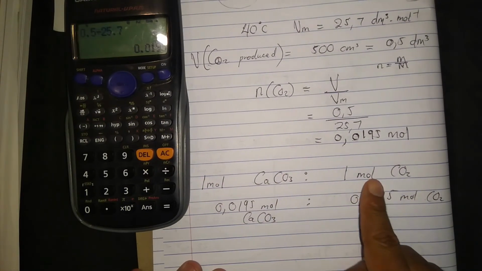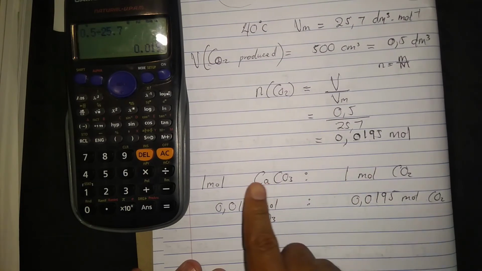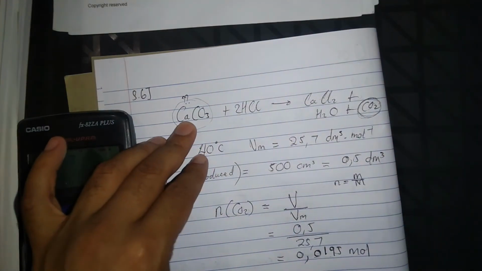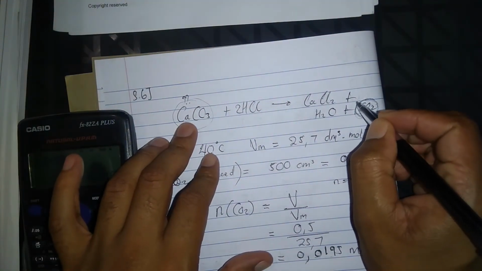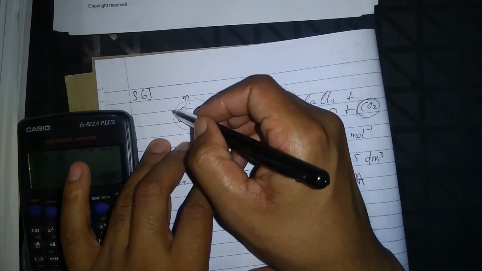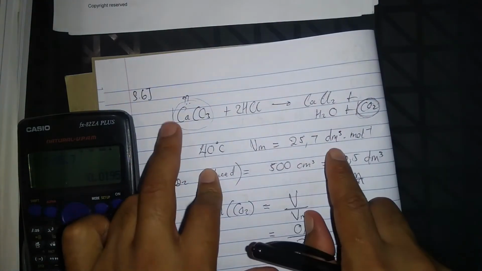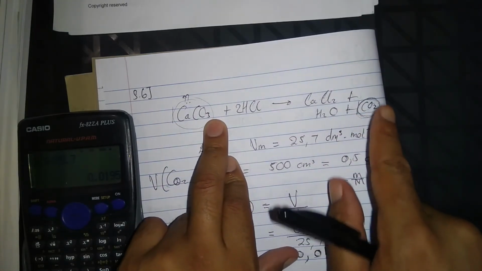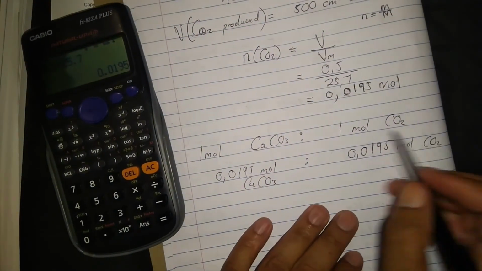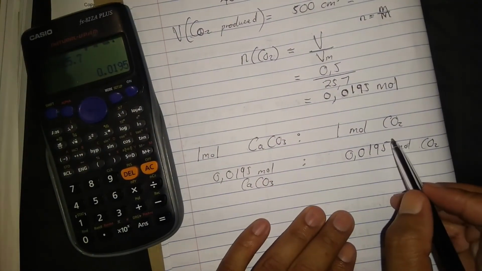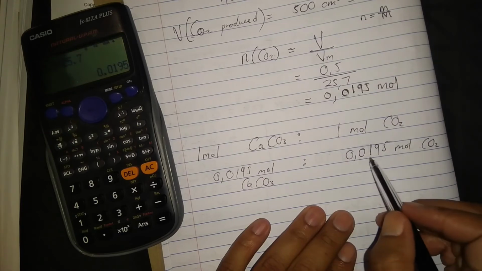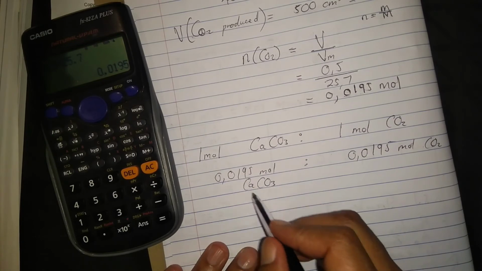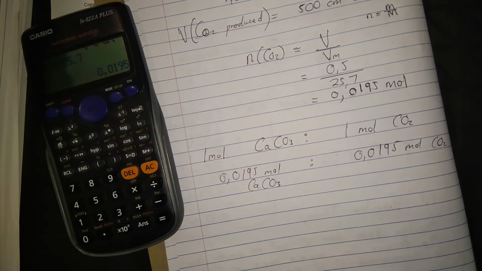There's a 1:1 ratio between carbon dioxide and calcium carbonate according to the equation. What is a 1:1 ratio? Because our coefficients for carbon dioxide and calcium carbonate are 1 and 1. So if I have 1 mole of calcium carbonate it will produce 1 mole of carbon dioxide. So if 0.0195 of carbon dioxide was produced, it means 0.0195 of calcium carbonate was used.